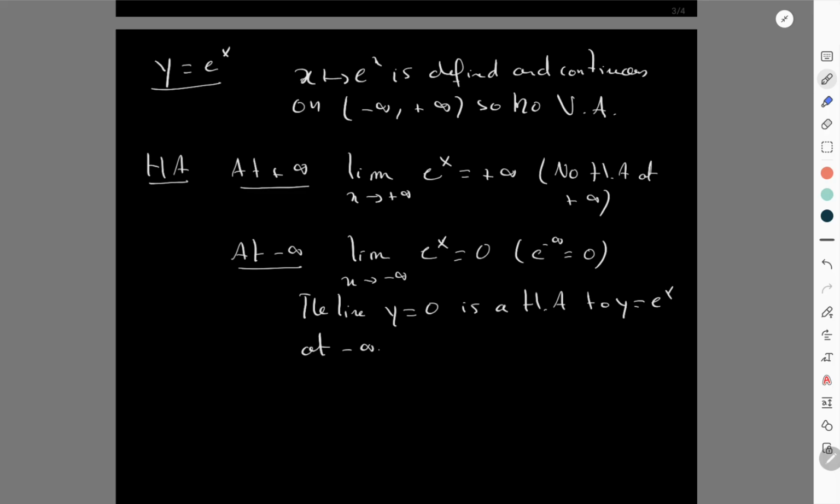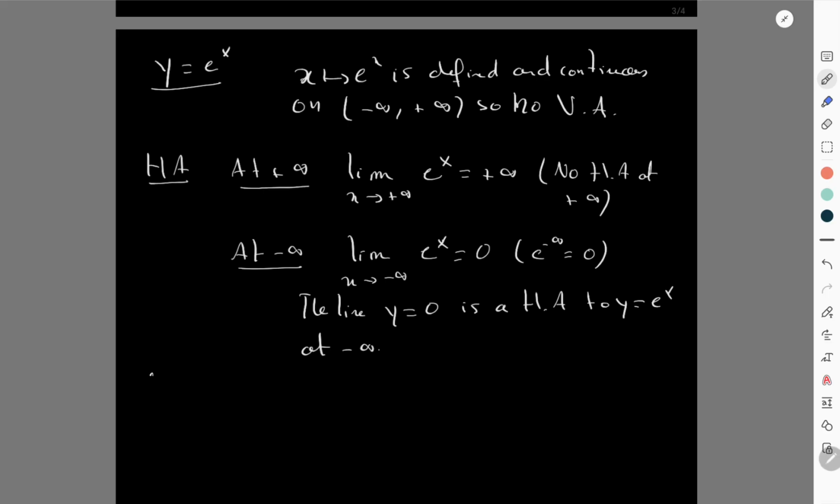Okay, so really we have to do both limits. In some cases, the asymptote may be the same, but in one case we may have a horizontal asymptote at minus infinity, but not at plus infinity. So it's very important to check both limits at infinity, at minus infinity and plus infinity. And we may have two asymptotes that are different.